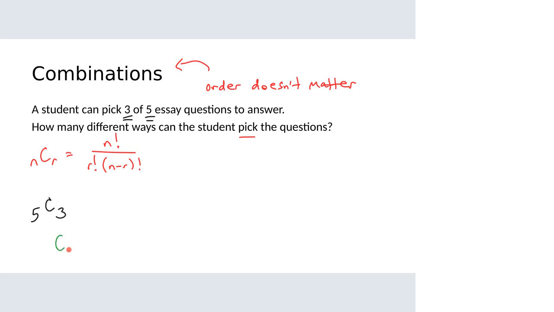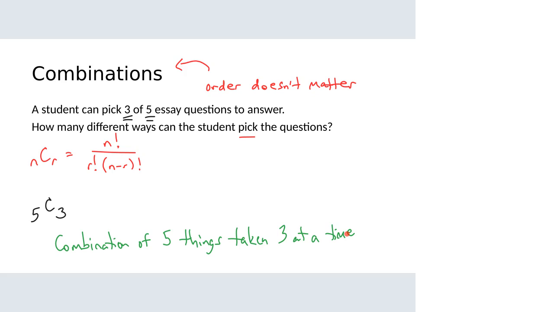is a combination of 5 things taken 3 at a time. That would be the formal way to say this. And we actually have a shorthand way of saying this one that we didn't have for permutations.